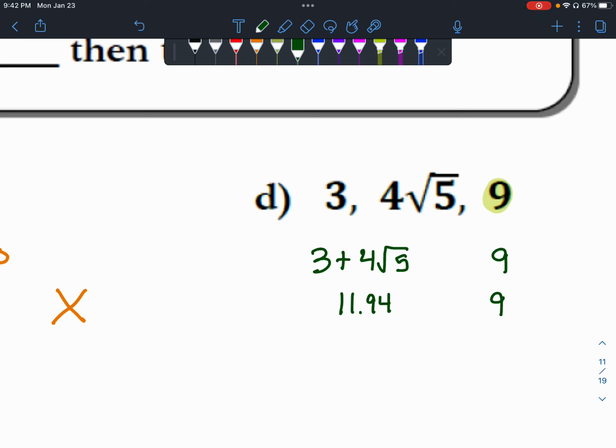Compare that to the number 9. Yes, this does pass our triangle test.